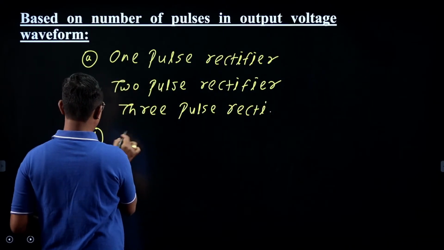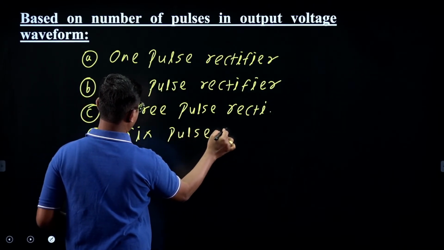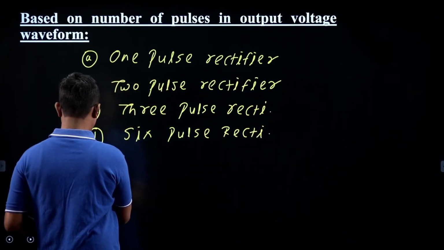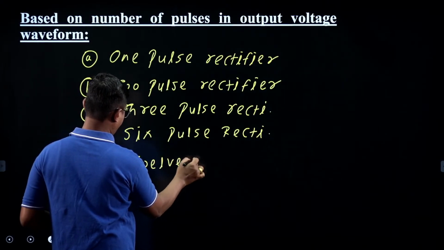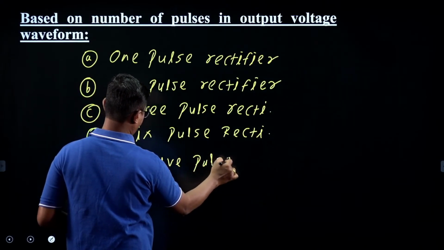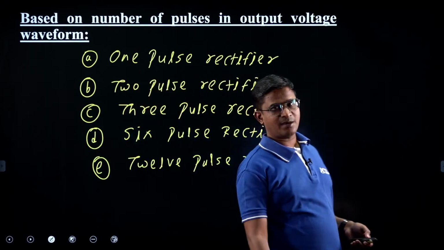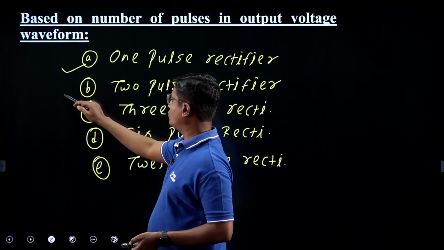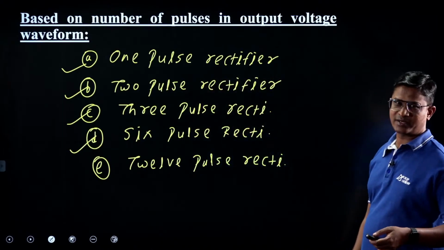Fourth is six pulse rectifier. And fifth is 12 pulse. Right? As long as your syllabus is considered, you have only one pulse, two pulse, three pulse and six pulse. 12 pulse is not there.